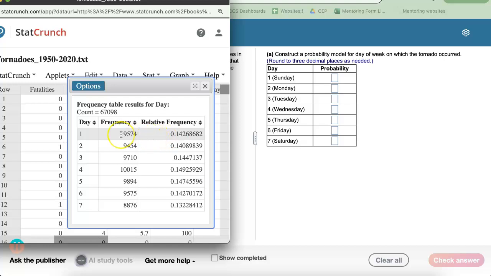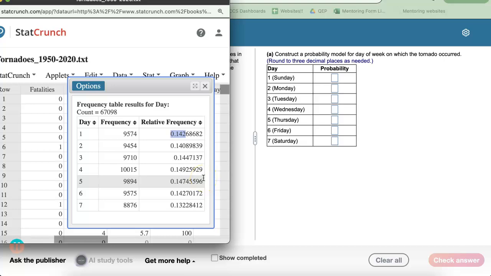In other words, to find the probability that a tornado occurred on day 1, a Sunday, we would take the total number of tornadoes that occurred on that day divided by all of the tornadoes that happened altogether, which is, let's see, 67,098.